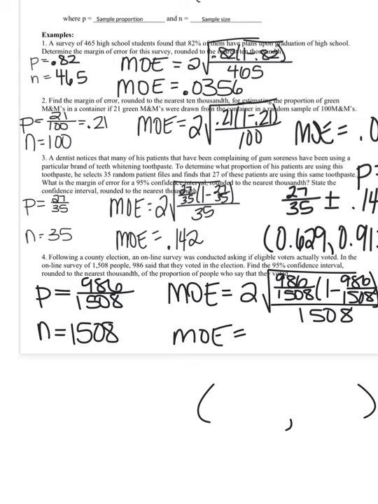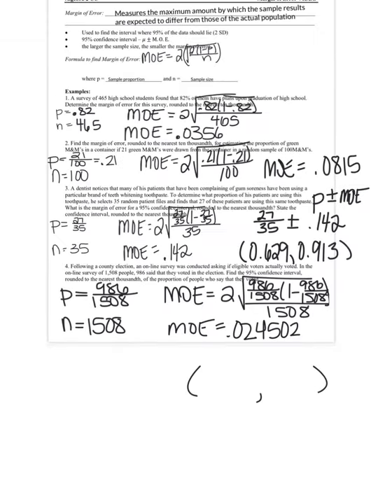You type that into your calculator, and that gives you this whole long decimal, but the question, again, doesn't really ask you for this. The only question is for the interval, so you can't round until the very end. So you're going to write 0.0245020088.